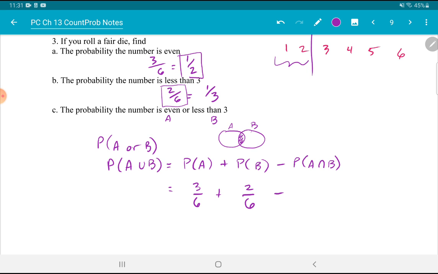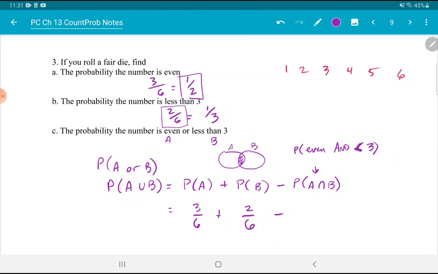And what we want to do is take out the probability that a number is even and, I'll just do notation here, is less than 3. Okay, so if I were to look at my numbers up above again, what do we have? Even numbers are 2, 4, and 6.